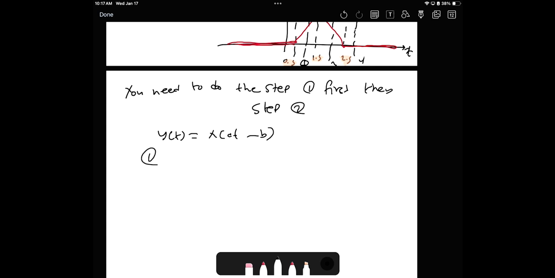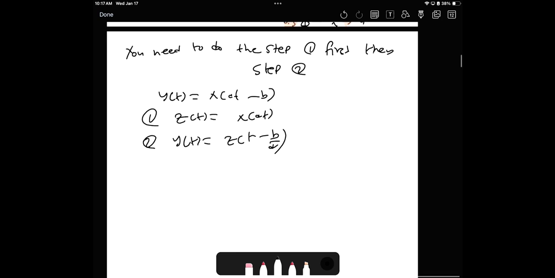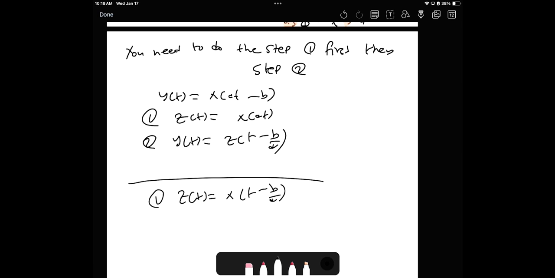Step number 1, you will say z of t equals x of at, then do it. Step number 2, you will say y of t equals z of t minus b over a. However, if someone, for some reason, says I'm going to make step number 1 the phase shift, like I'm going to assume z of t equals x of t minus b over a, then step number 2, I will say y of t equals z of at.